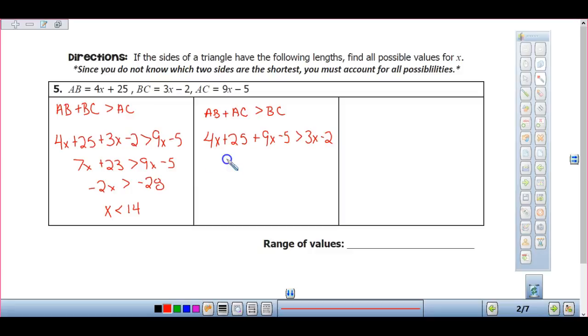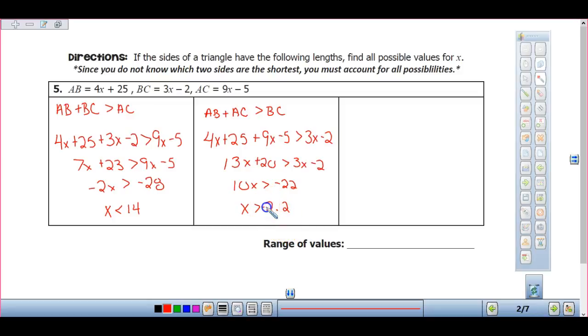Okay, so we end up with 13x plus 20 is greater than 3x minus 2. 10x is greater than negative 22. So x is greater than negative 2.2.